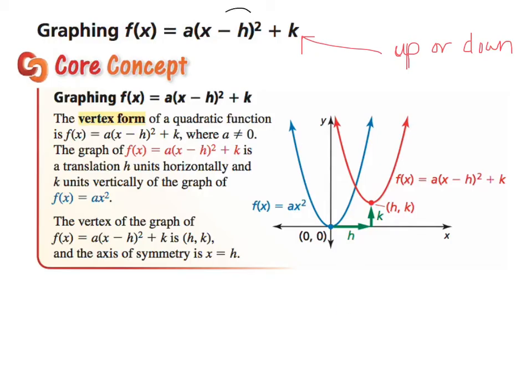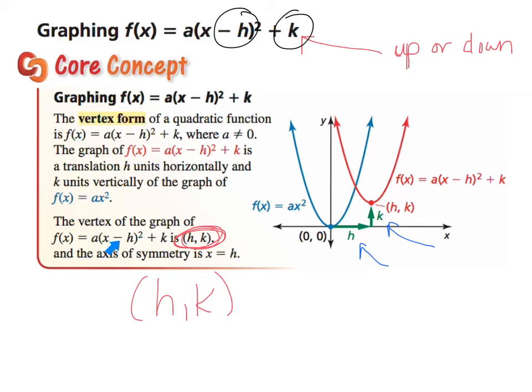So looking at both the h and the k together, this is probably the important part to get out of this. The h tells you to go to the right. The k tells you to go up or down. So the h, if positive, goes to the right. If negative, goes to the left. And then k tells you to go up or down. Your vertex is h, k.